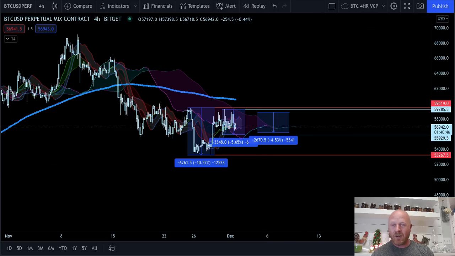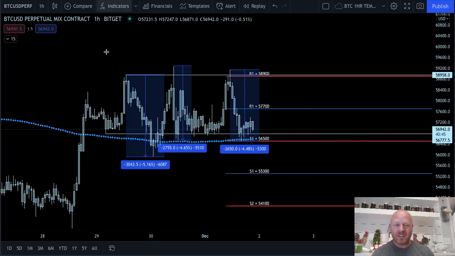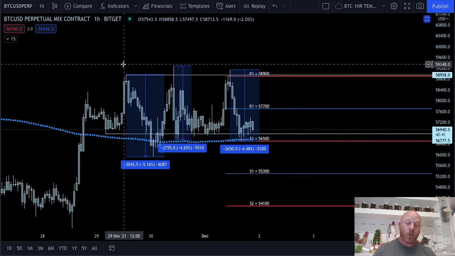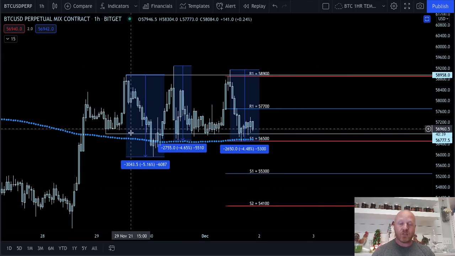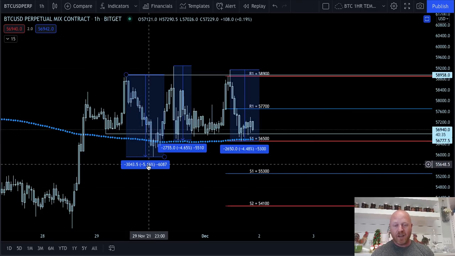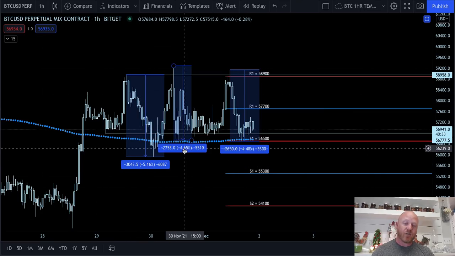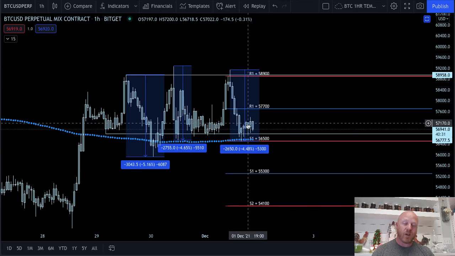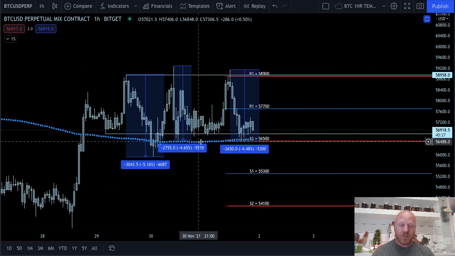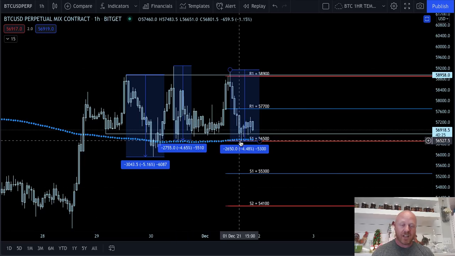Let's look at the 1 hour time frame and see if we have anything different here. So the 1 hour time frame, again, it takes 4 1 hour candles to make a 4 hour candle, so it's going to present slightly differently. You can see you are getting compression. You have 5.16 down to 4.65, down to 4.48. It is slower, but again, we need to see price compress, and again, very bullish to stay above your 200 moving average.